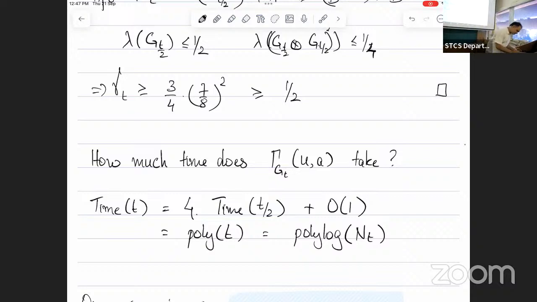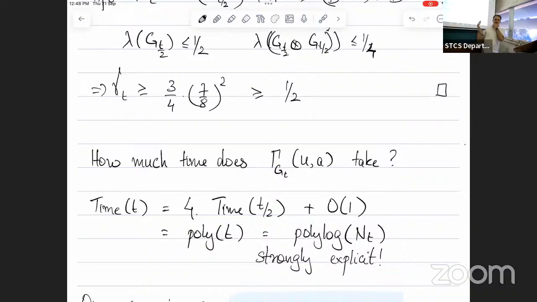And therefore, this is a strongly explicit family. This is an example of a family where computing the edge relation is significantly faster compared to the size of the graph. The time you take to compute this is way smaller than the time you take to write down the graph. So it's logarithmic in that.